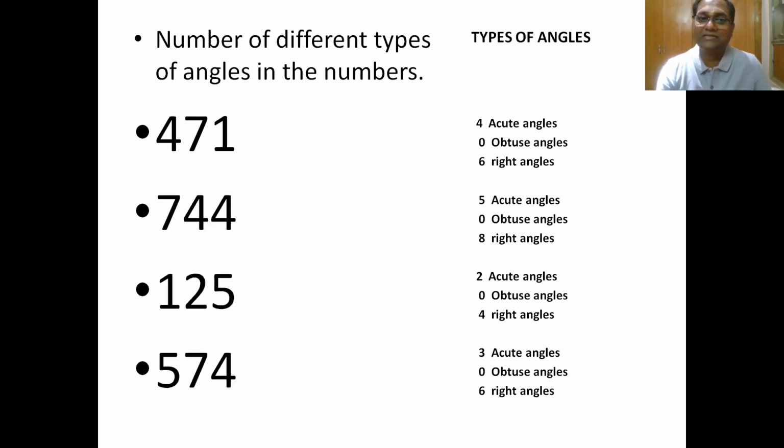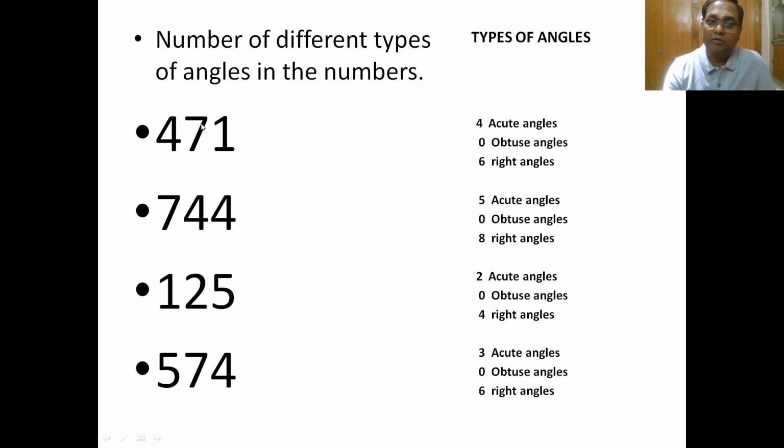Now let's see these numbers given here, and let us count the types of angles formed. In the number 471, in numeral 4, you can see 2 acute angles, 1 and 2 in these two corners. This is a right angle, right angle, right angle, right angle. 4 right angles and 2 acute angles.